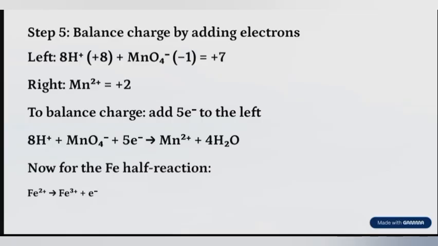So it has to be plus 2. Then on the left-hand side, the hydrogen there is 1 times 8 hydrogen, which is 8H. That's 8 here. 8 first. Then MnO4, we have minus 1.